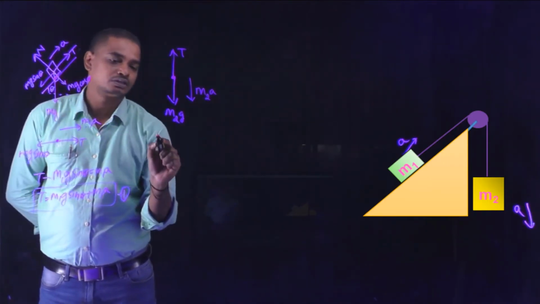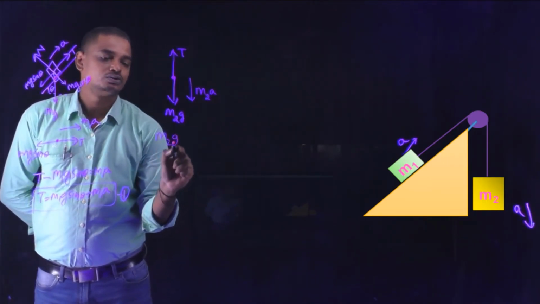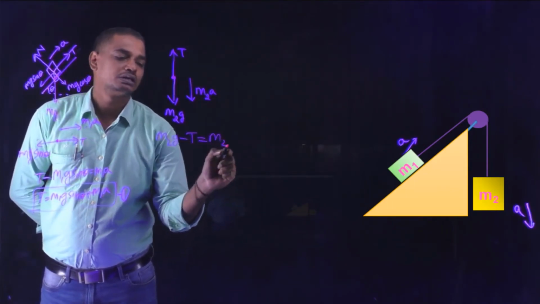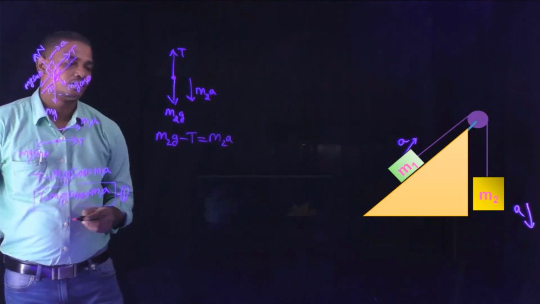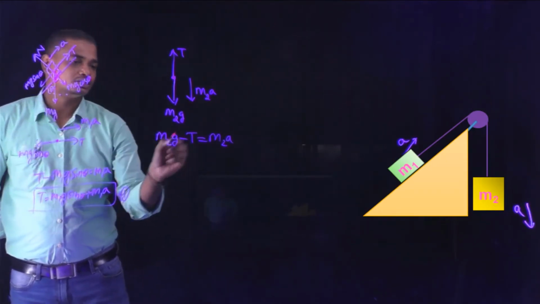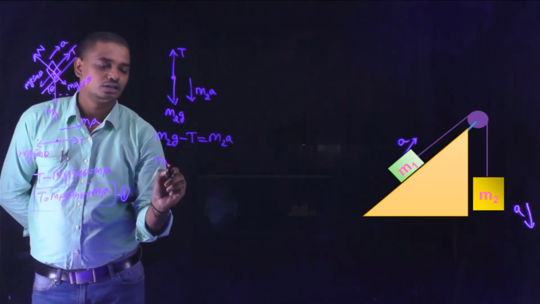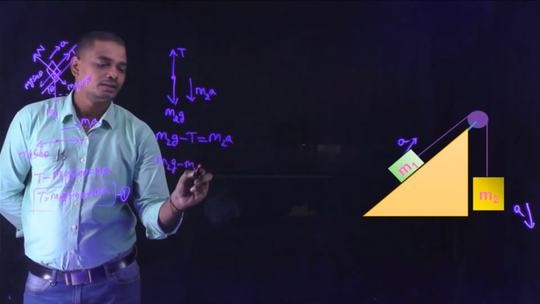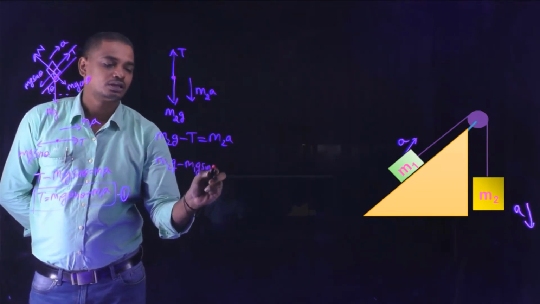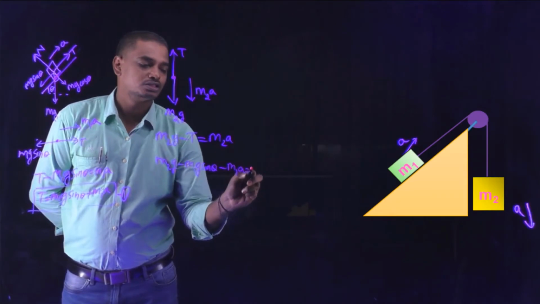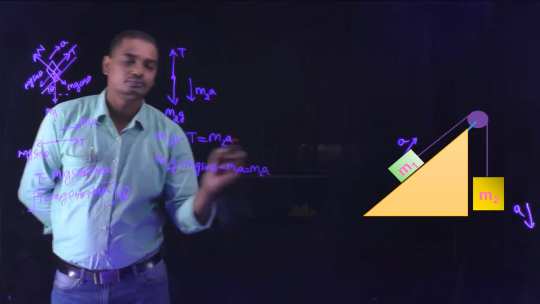Therefore the equation can be written as m2g minus tension T is equal to m2a. Substituting the value of T from equation 1 in this equation, we get m2g minus m1g sin theta minus m1a is equal to m2a.